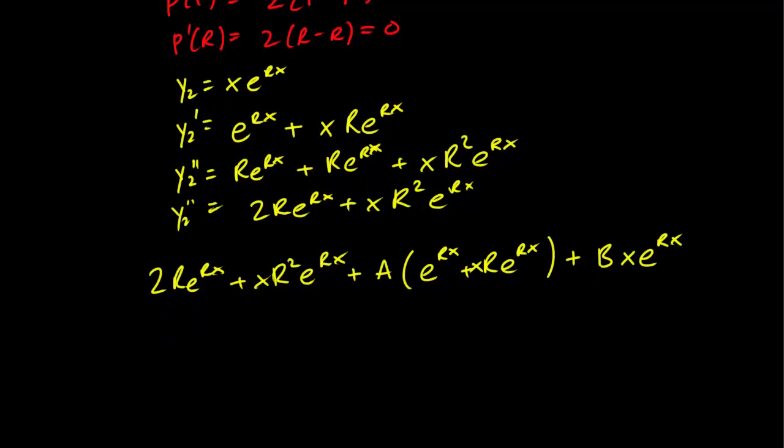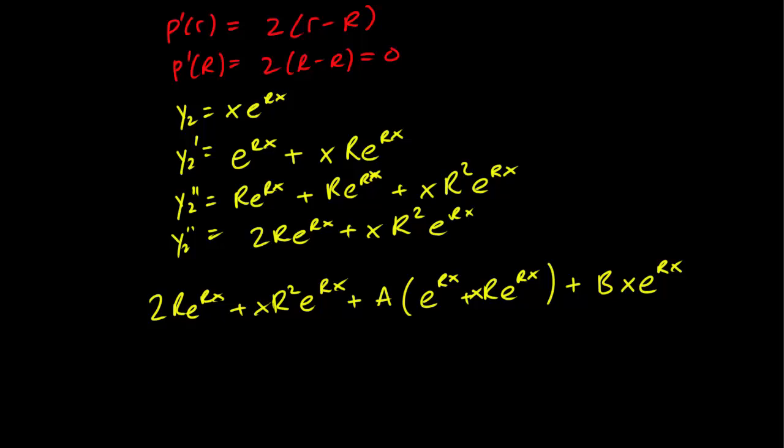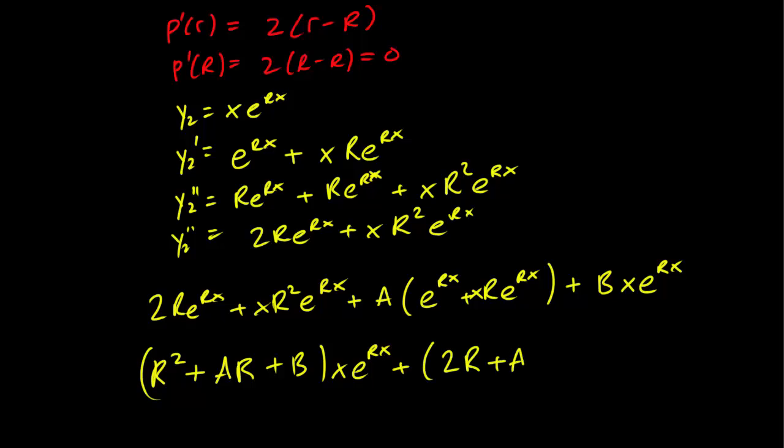Now we have to gather terms, and here's what we do. For the e^(rx) terms, we have (r squared plus a r plus b) times x e^(rx) plus (2r plus a) e^(rx).